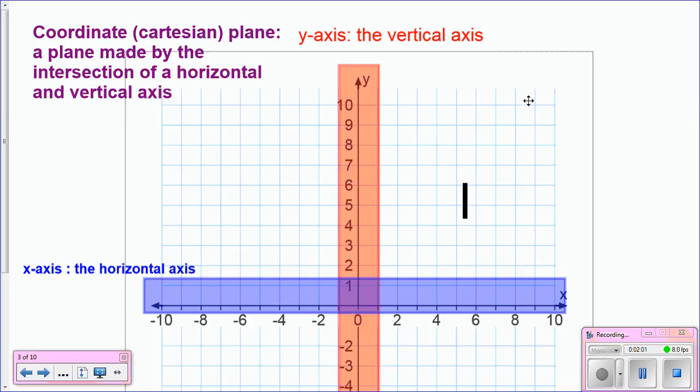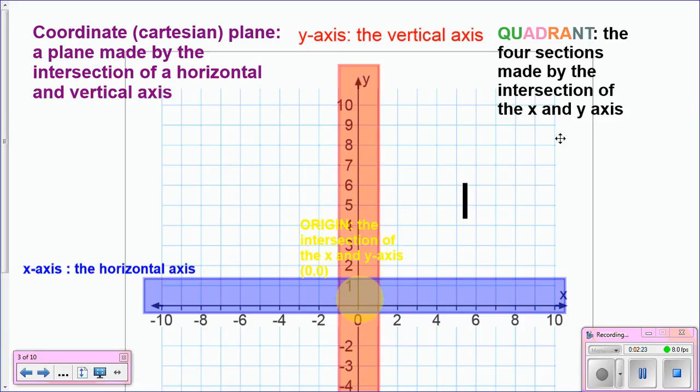Okay? Then the next word you have is origin. That's the intersection of the x and y axis, and it's got a really nice ordered pair. It's (0, 0). So if you think of each axis as a number line, it's the middle of each axis.